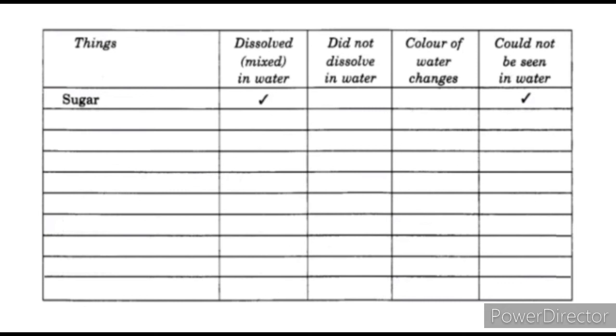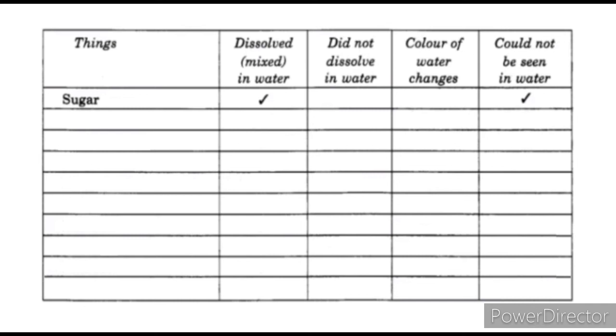Did you put the sugar in the glass and mix it? What did you see? Does it dissolve in water? Yes, it dissolves in water. So put a tick. Second one, did not dissolve in water. Yes, sugar dissolves in water, so we have put a tick in dissolved in water. So leave the did not dissolve box blank, because that did not happen.